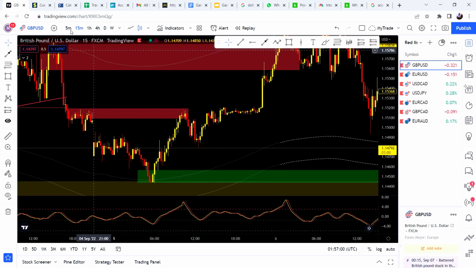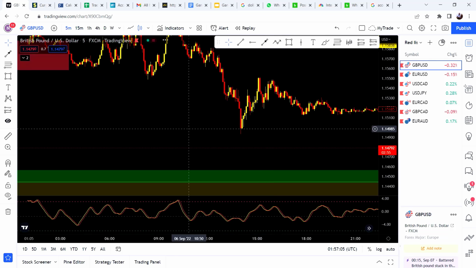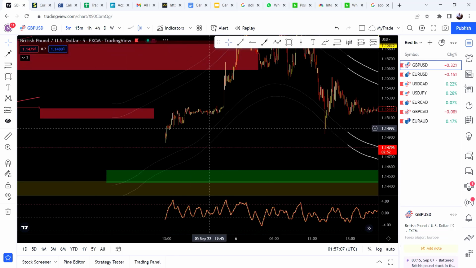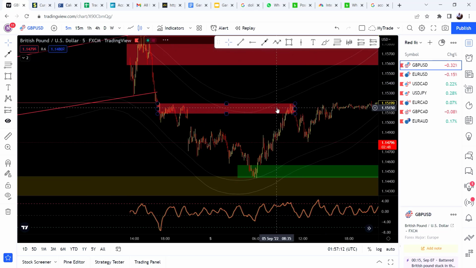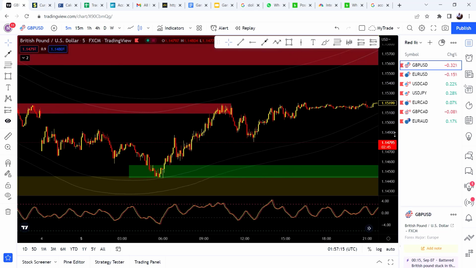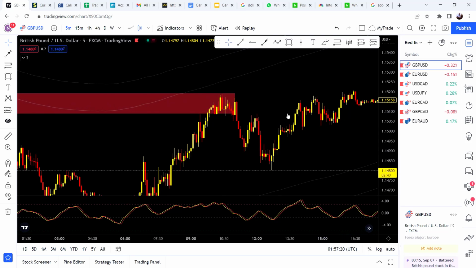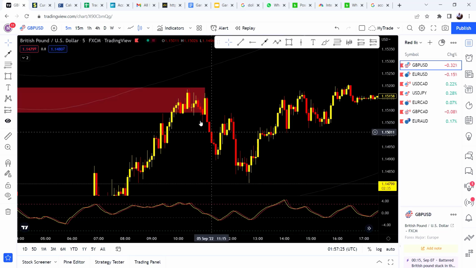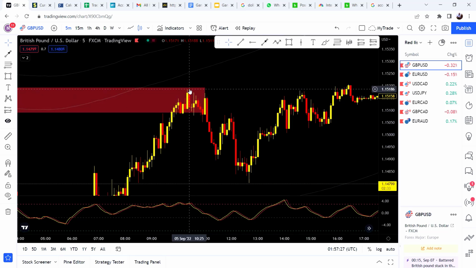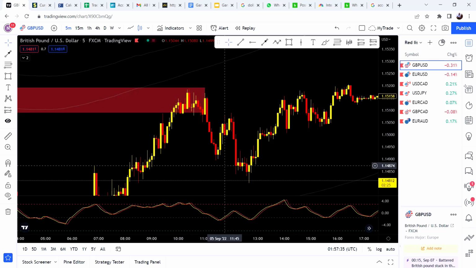I got in here for the sell. Let's look at the sell, the first one, how I had the entry and price took me out. All right. So price tapped in for the first time. It came and we had the second time and the third time.